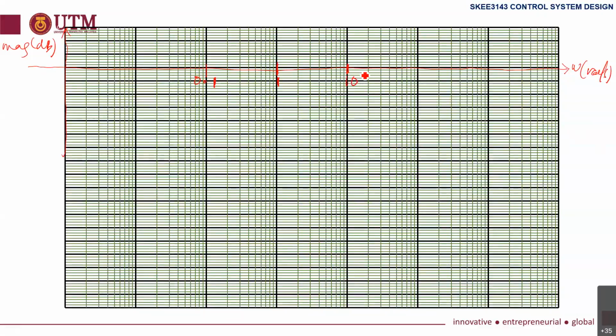And we have to know the range, and the range should cover the break frequency. Remember our break frequency is 5. So it's around here, 5. So if this is 10, 100, 1,000, 10,000, 0.01, 0.001.